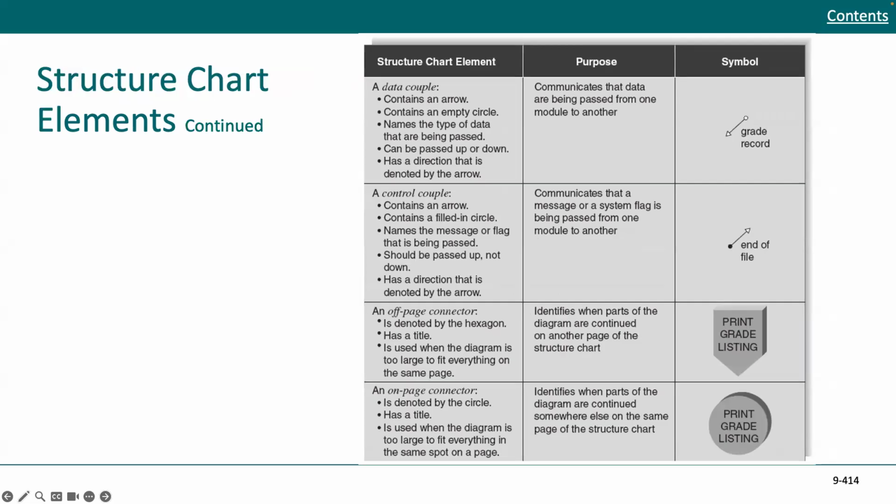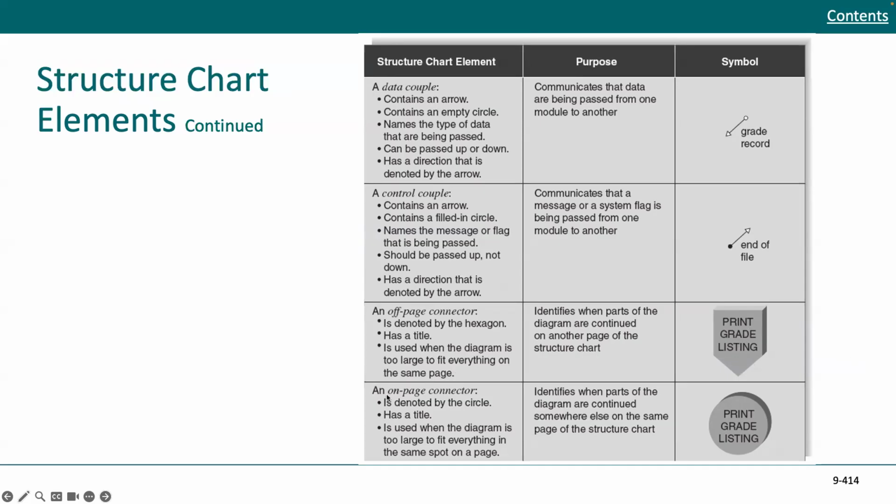We can have a data couple, and so we can see a direction and an arrow. So there's a flow that we're trying to indicate. We can have a control couple, and it also contains an arrow. So there's a slight difference between exchanging data and passing on the details of control. We can have an off-page connector, say if we're going to be printing a grade listing based on the example we showed a couple slides ago.